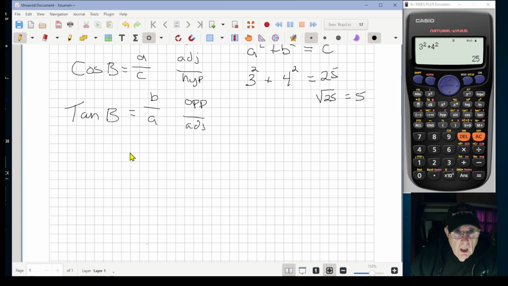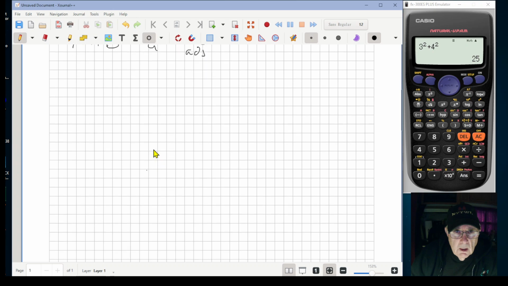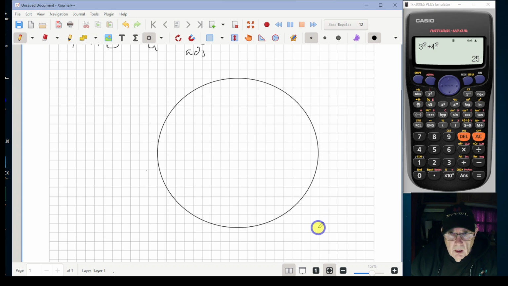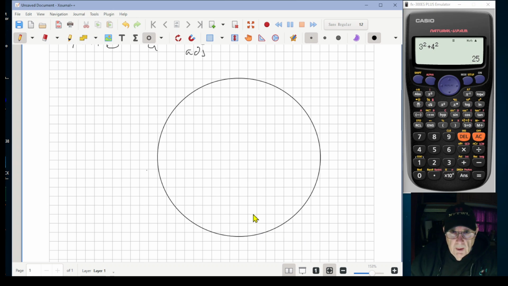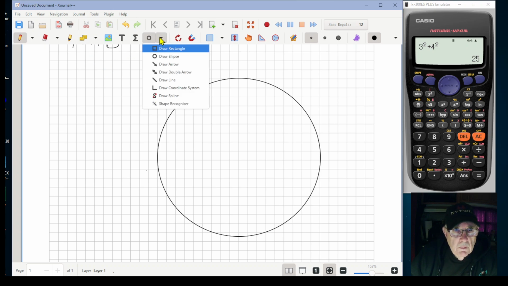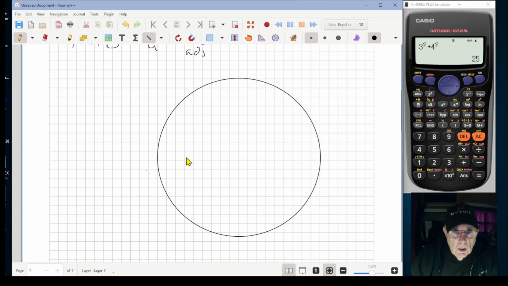So I'm going to make a circle here. Let's kind of clear the deck. That's probably not quite a circle, but let's pretend that it is. Okay, this is going to look like it's off center a little bit, but that's okay.